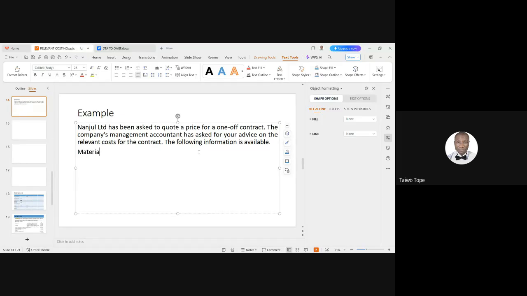Materials. The contract requires 3,000 kg of material K, which is a material used regularly by the company in other production.